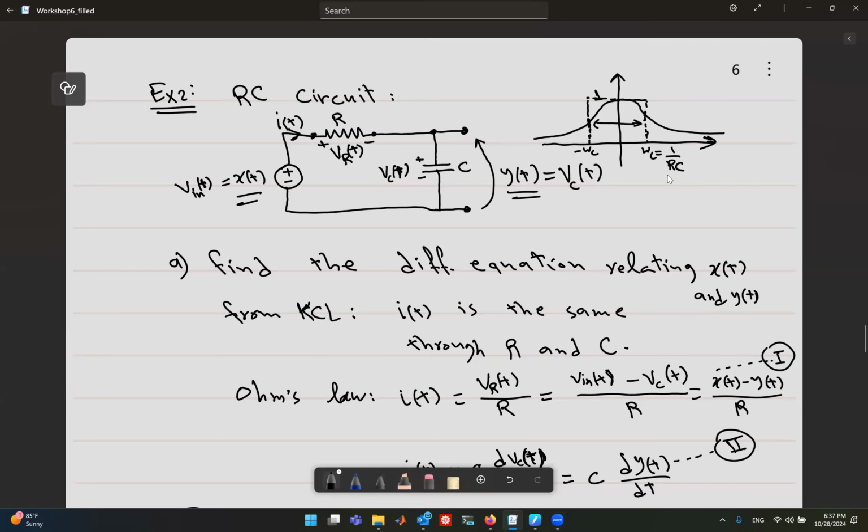So you can choose the values of R and C to design this filter, to move this cutoff frequency to the right or to the left. If you want the filter to allow higher frequencies to pass, you can make RC smaller, and the cutoff frequency will move to the right.